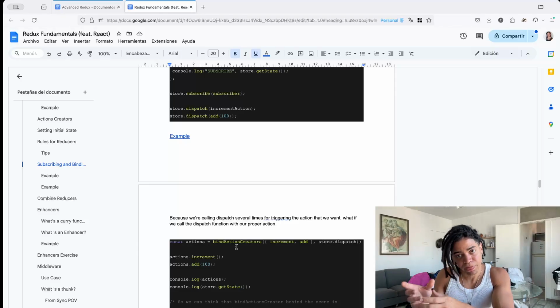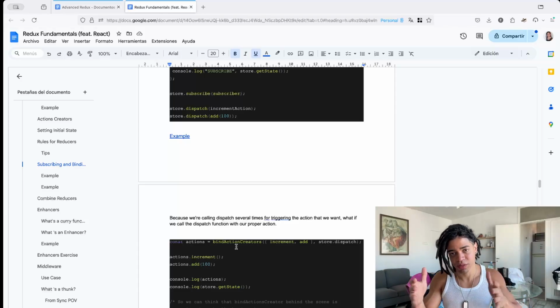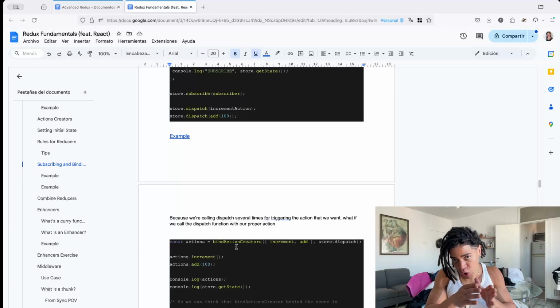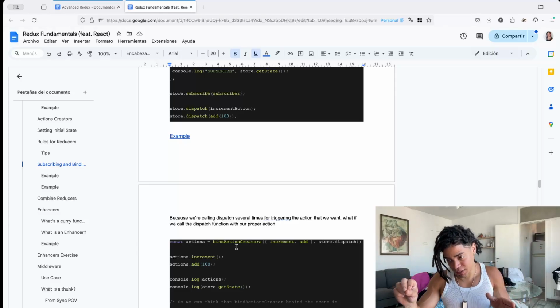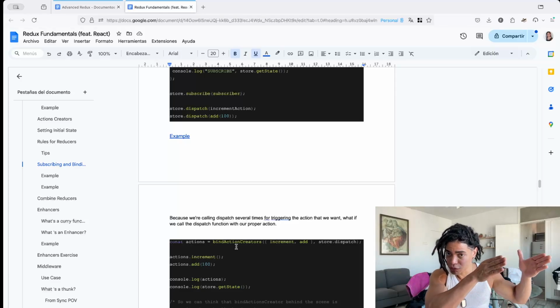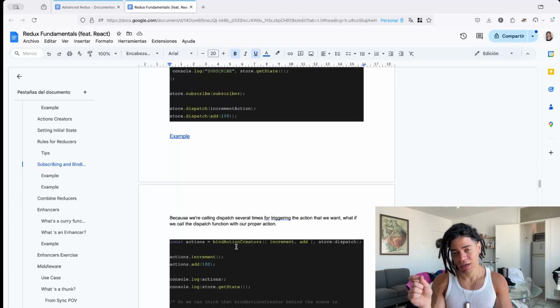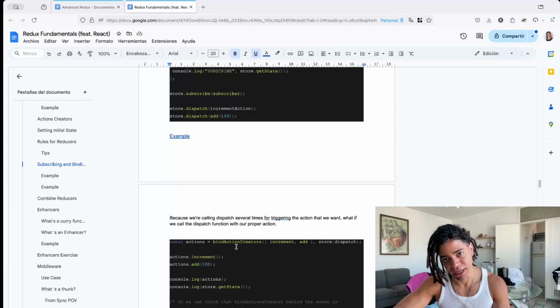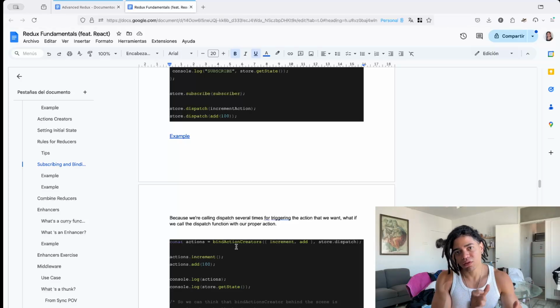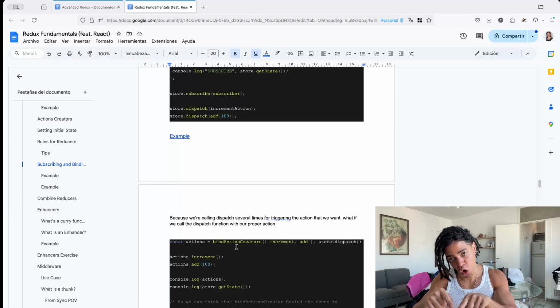Behind the scenes, or I'm assuming this is what it's doing, it calls compose. The last argument is the functions from all of those action creators that we pass, and the output will be the input to store.dispatch.